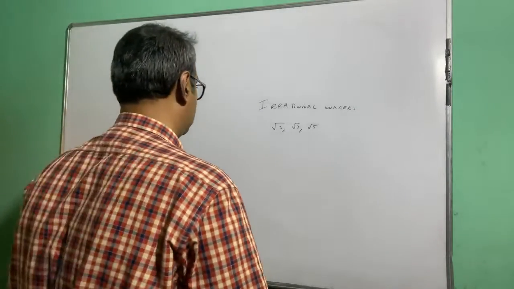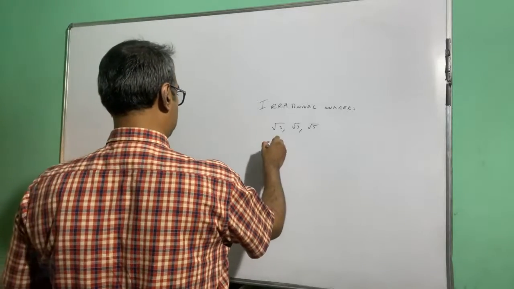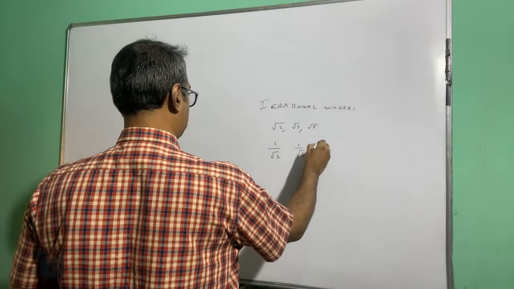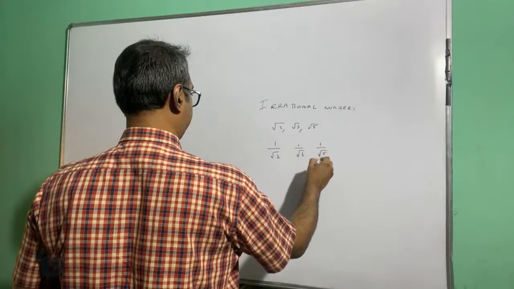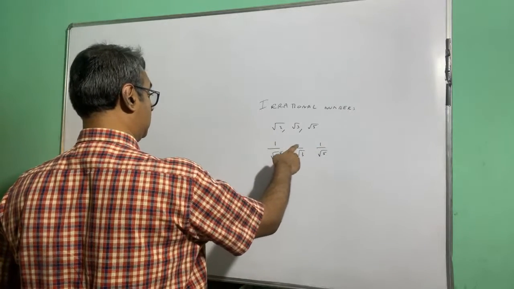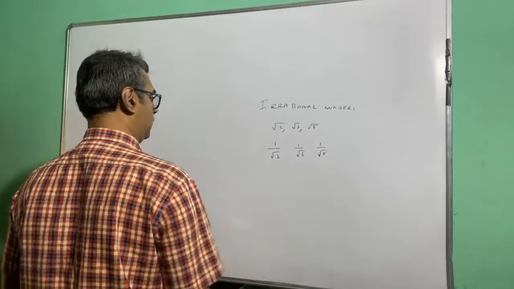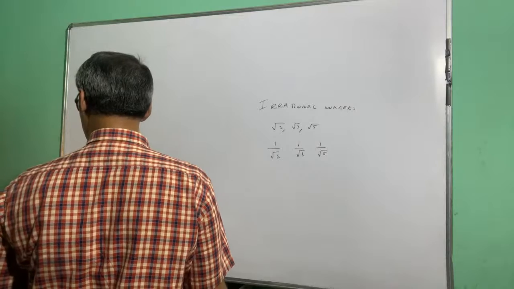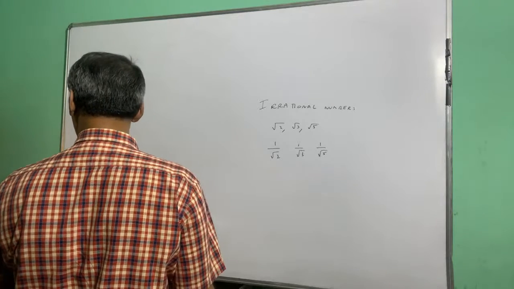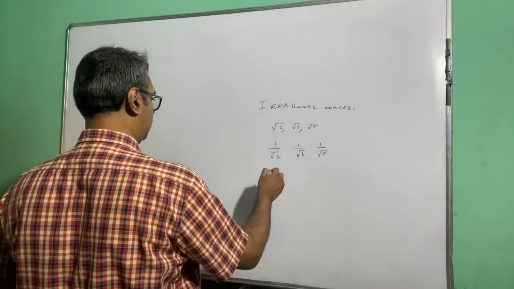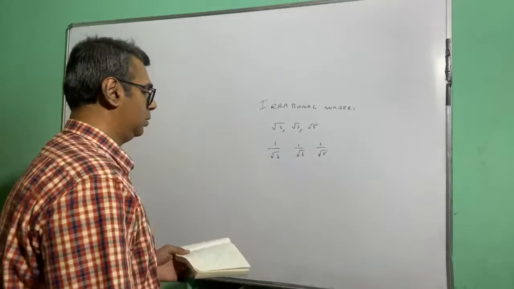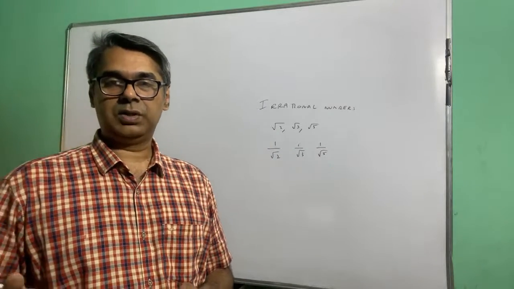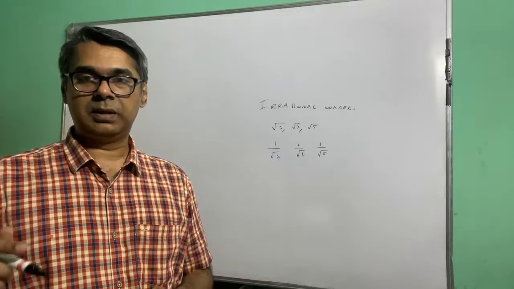Now, suppose the irrational number is in the denominator, like 1 by root 2, 1 by root 3, 1 by root 5. Then this calculation becomes slightly more complicated because you have an irrational number in the denominator.